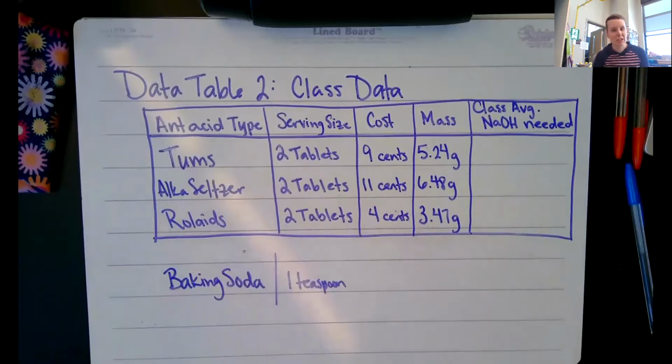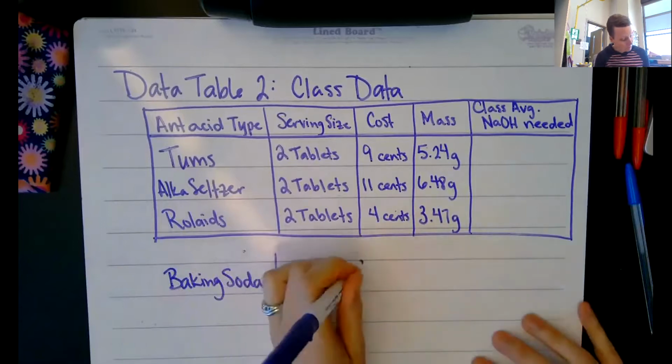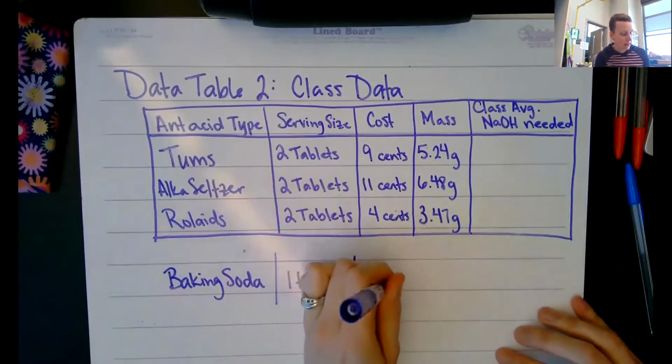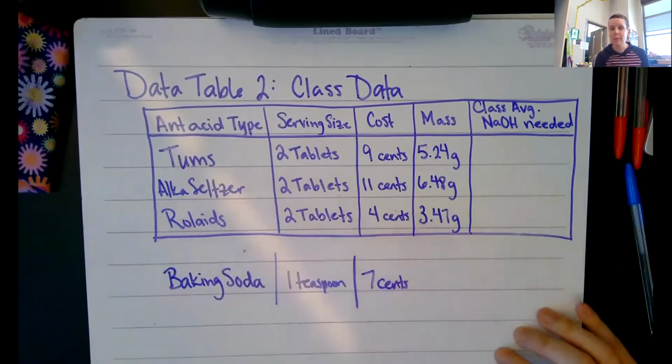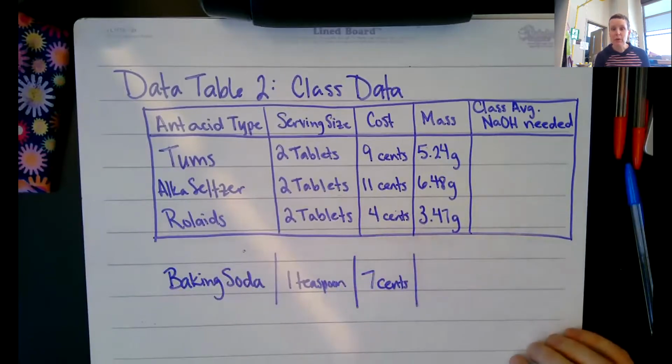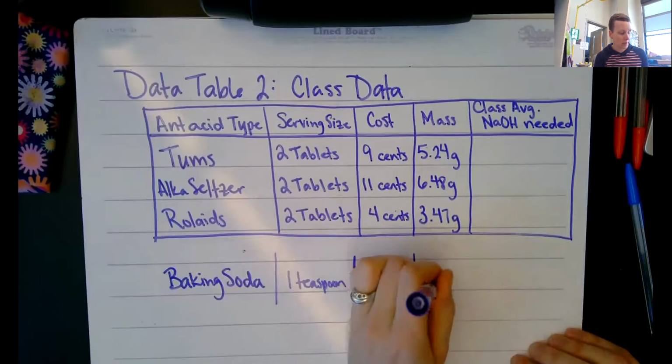And I'm sure it doesn't taste great, but it has a very similar reaction to like Tums in your stomach acid, okay? The cost of a teaspoon of baking soda varies, depends on what brand you buy, but we'll just say it's 7 cents based off of what I looked up on the internet just now. And the mass of a teaspoon of baking soda is 11 grams.